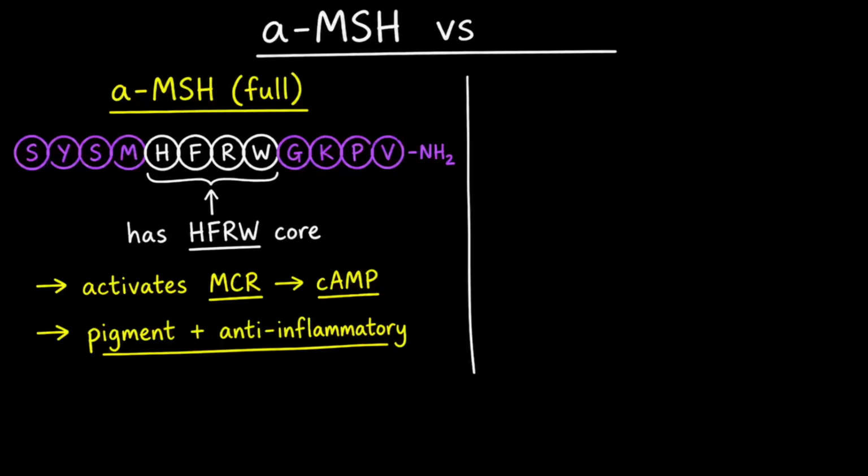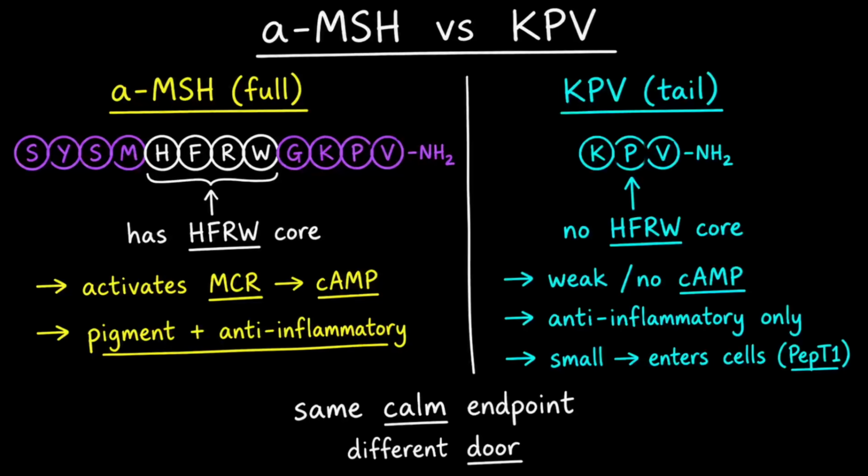Full alpha-MSH has the HFRW core sitting right in the middle of its sequence, and that core is what lets it dock onto melanocortin receptors. Once it does, it raises cyclic AMP and triggers both of its classic effects. So we see things like pigmentation as well as the anti-inflammatory response. Now, KPV is missing all of that.